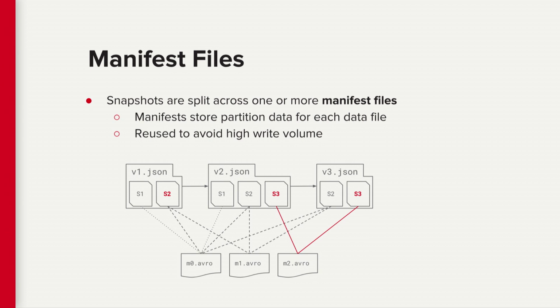And the union of the data files in all those manifests constitutes a snapshot of the table. So in this case, snapshot 2 points to m0.avro and m1.avro, right? And snapshot 3 just points to m2. So we've, in this case, rewritten all of it, but we can split across multiple manifests to avoid writing quite so much data.